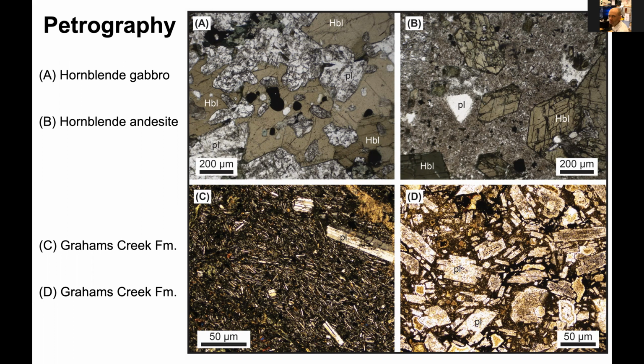There's a hornblende gabbro with these fresh igneous hornblendes, and a hornblende andesite again with large porphyritic hornblende crystals. The Graham's Creek Formation is a little bit more altered, but we still see well-preserved igneous textures, lots of plagioclase phenocrysts, variably altered, and in some cases remnants of fresh pyroxenes as well.